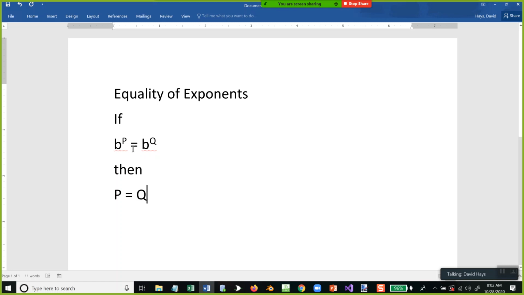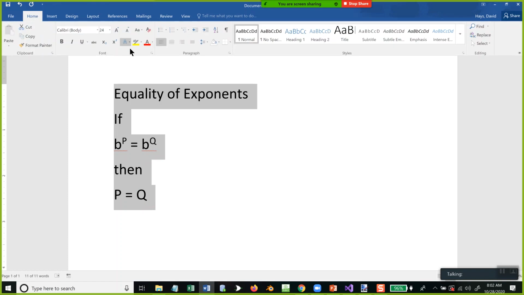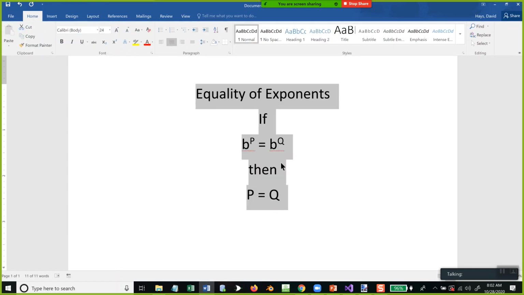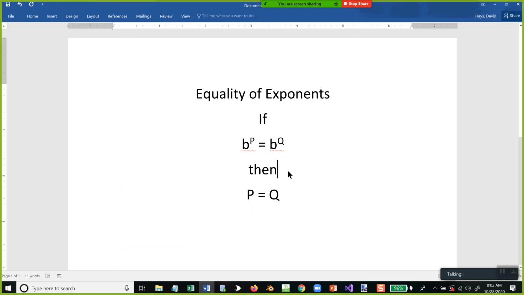Now, b's are typically numbers, but they don't have to be. I've seen some books where they had variables where the b is. Very simple idea. Sometimes it's not very simple to get it in the right form so you can apply this property.